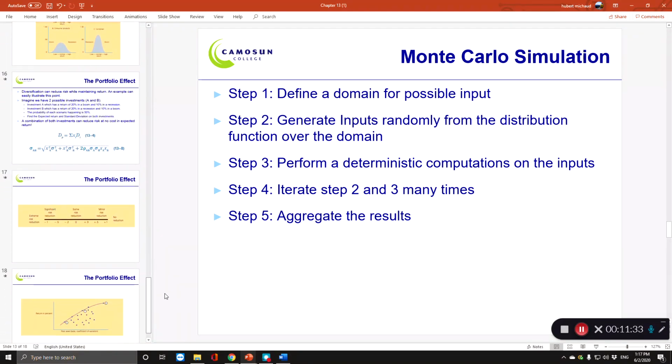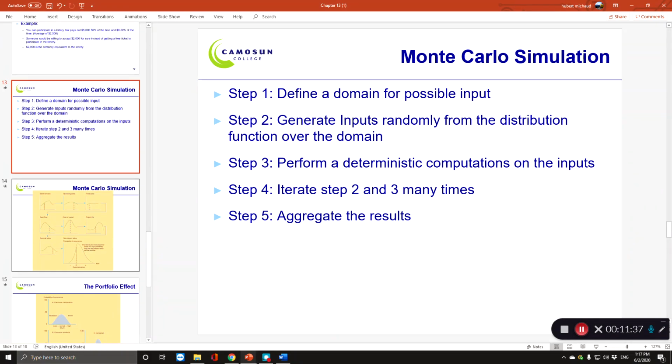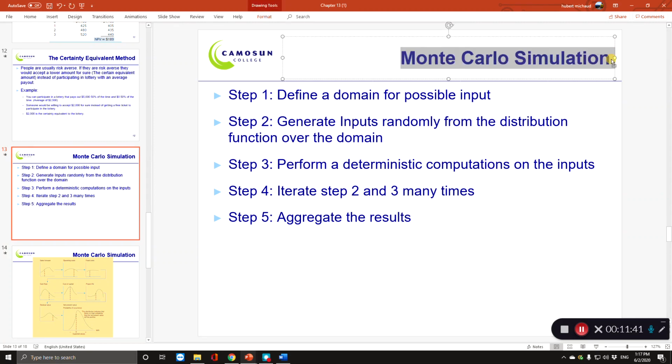These are different methods or different things that are a little bit related but are not exactly the same. The first one is about Monte Carlo simulation. This is something we can do when we analyze a capital budgeting project in order to understand the level of riskiness of that project.